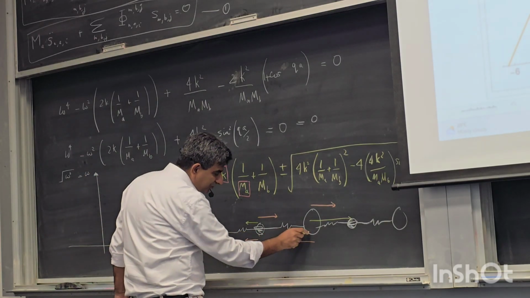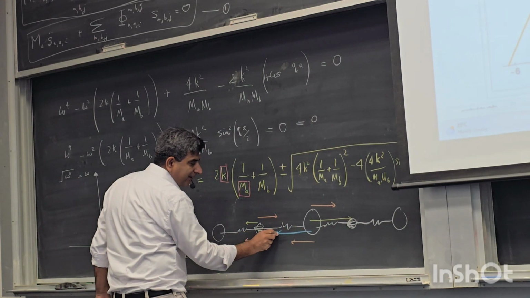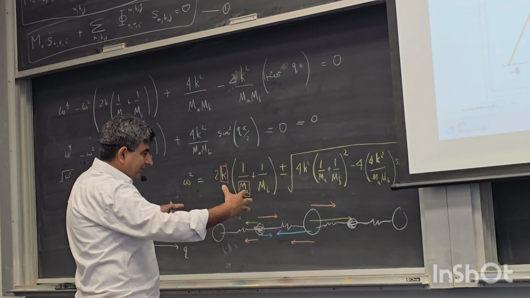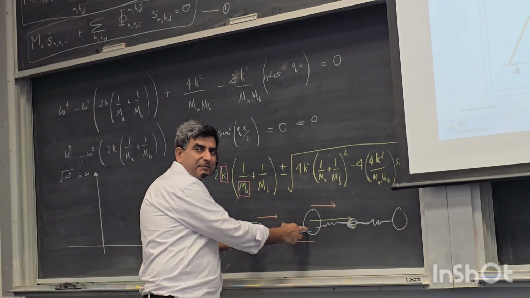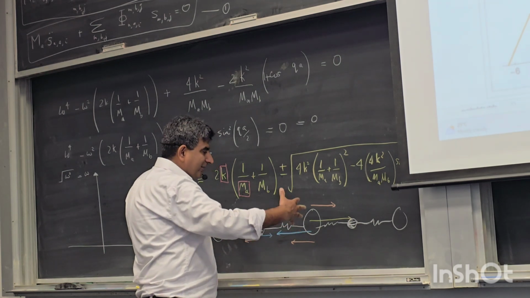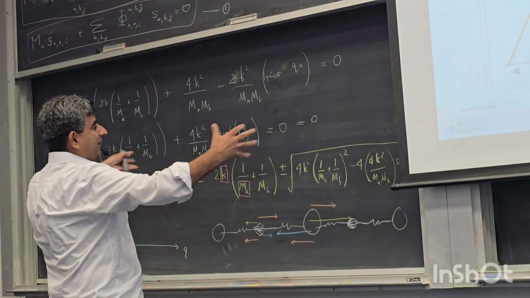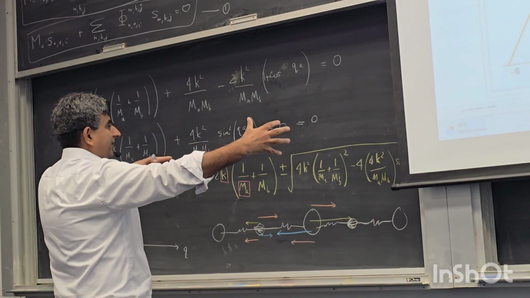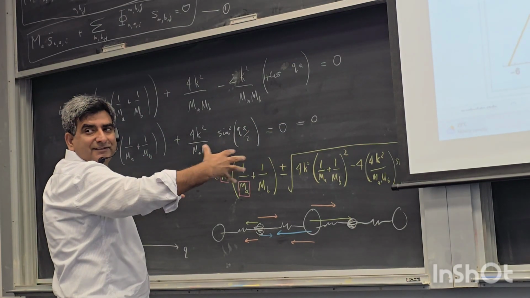If this atom moves to the left, this atom will move to the right. The centers of mass might also change because the masses are different, but one is moving to the right, the other is moving to the left, right? So they are breathing like this.